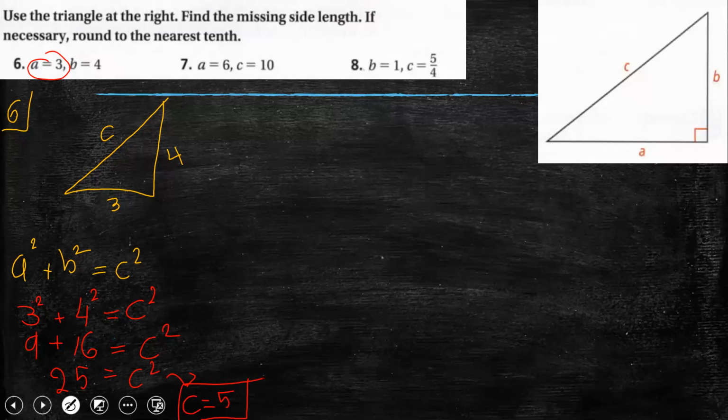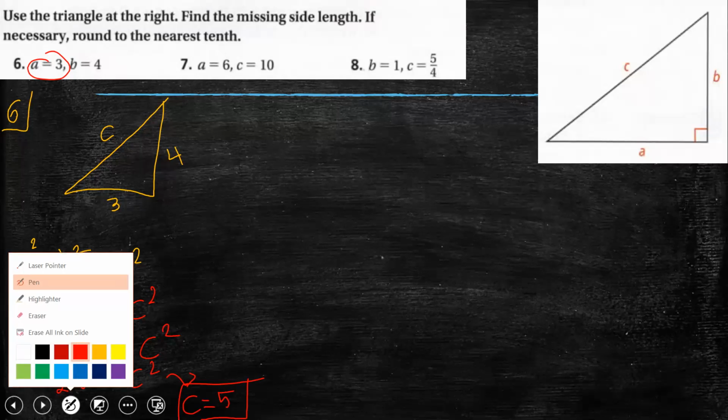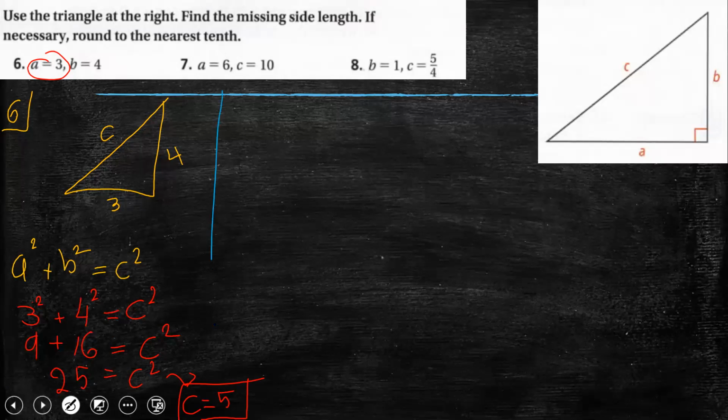Let's do now number 7. In number 7 here we have right triangles. A is 6. C is 10. I need to find B, which is the length of the leg.